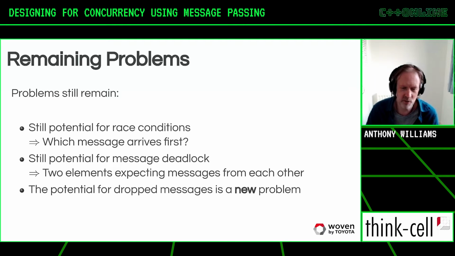You can run out of usable memory, and so the messages might not get to their intended recipient, and you need therefore to think about how your application is actually going to process that. Is it resilient in the face of dropped messages? Or if a message never gets there, does that mean that another component is now just not going to be able to do any more processing because it's waiting for a response that's never coming?